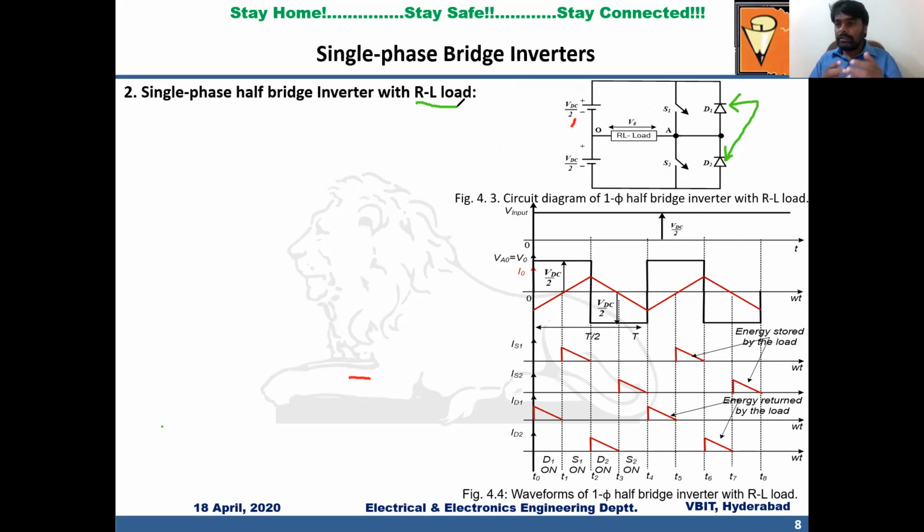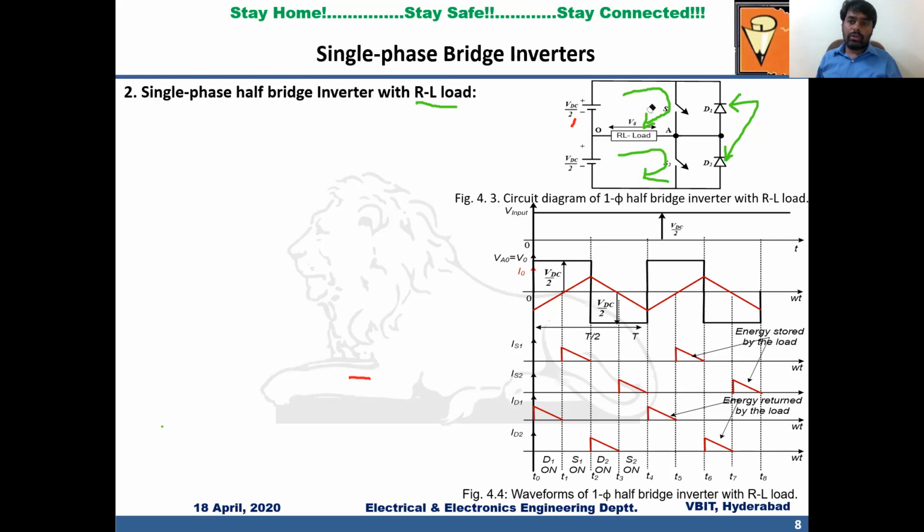In case of resistive load, the load is always drawing power from the supply. It is a resistance, a heat dissipative element, so it always tries to extract power from the source, and the power is drawn only through the switches, either S1 or S2. That is why there is no need of diodes there.